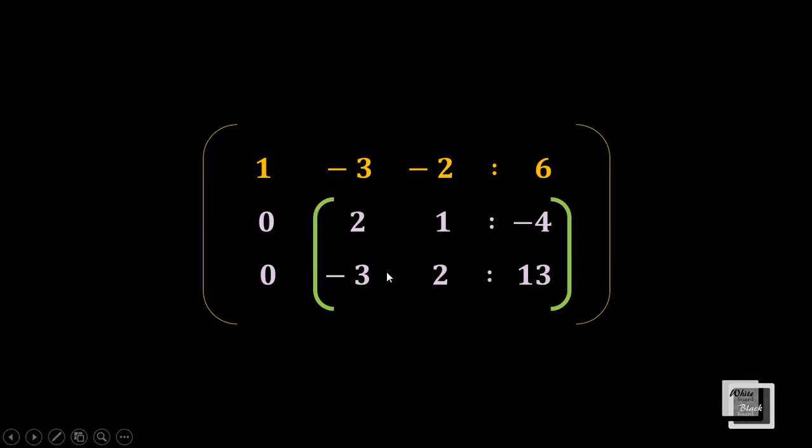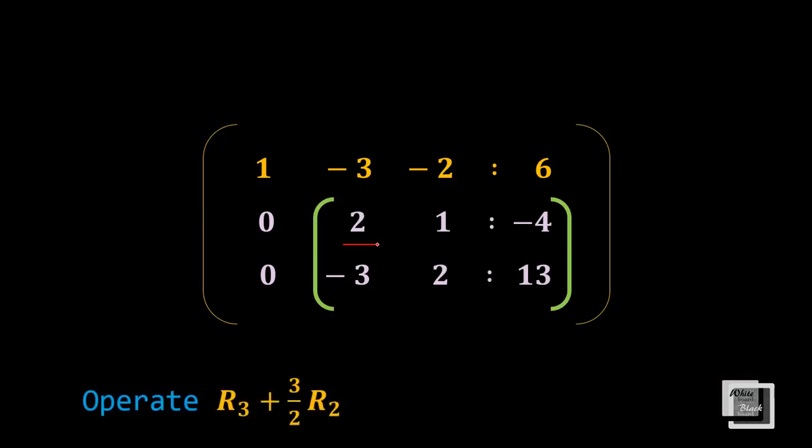For this we will consider a pivot element. In this case 2 is the pivot element, and we have to eliminate all the coefficients below the pivot element. To do this, we will find a multiplier, and in this case multiplier m will be equal to minus of minus 3 divided by 2.